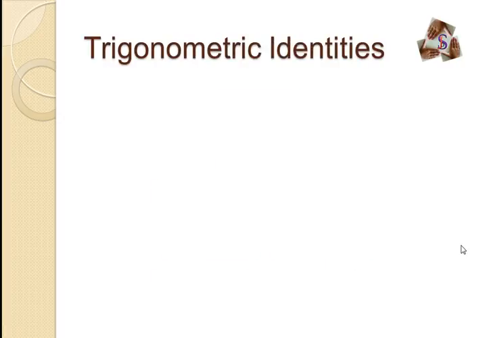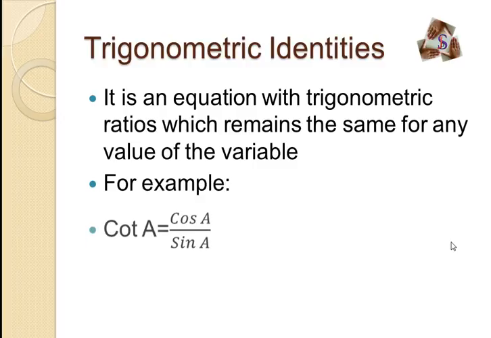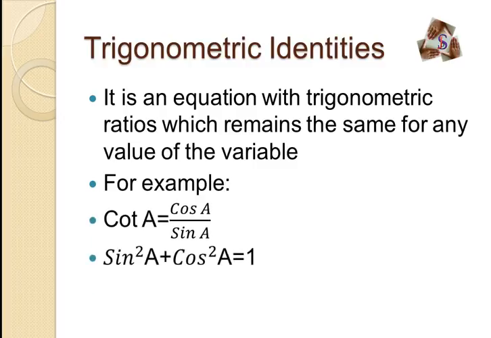So trigonometric identities are equalities which involve trigonometric functions and are true for every single value of the variable. For example, cot A is equal to cos A by sin A.